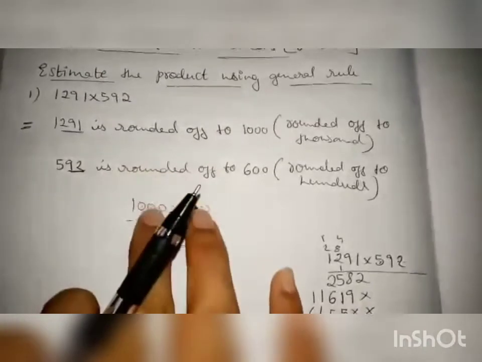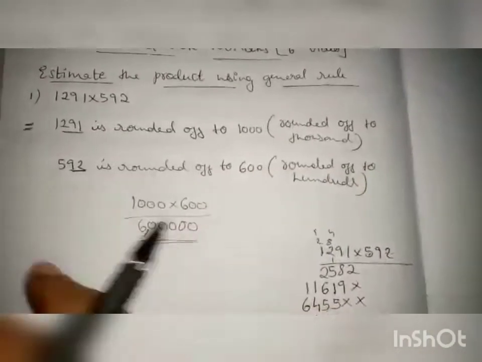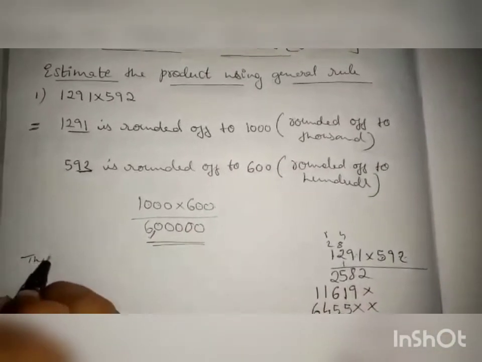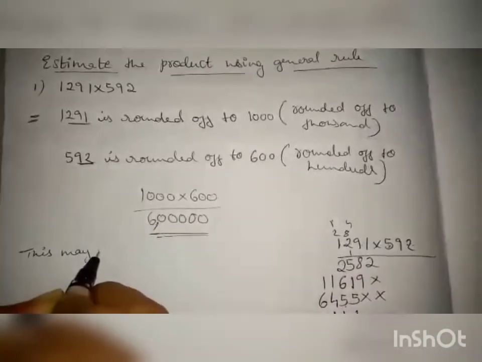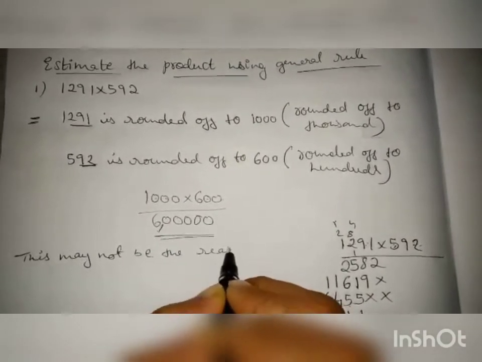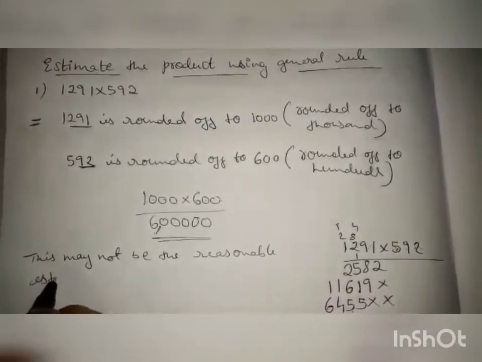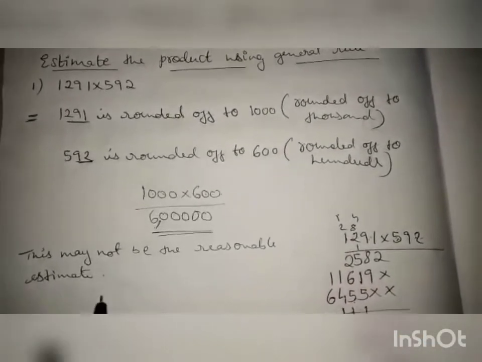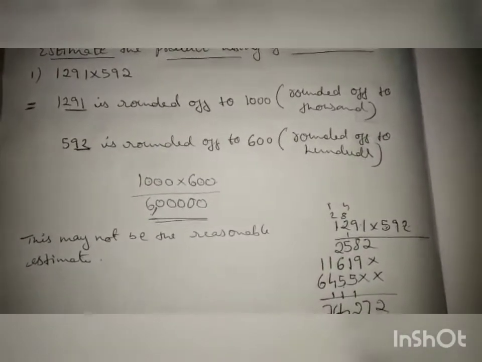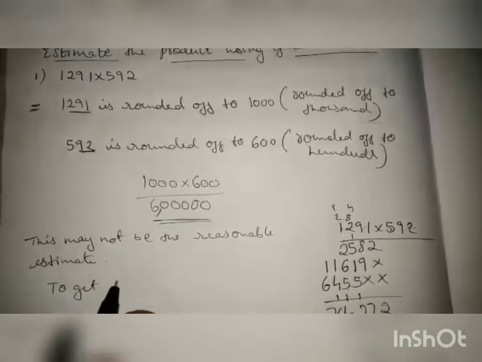What we have estimated is 6 lakh, but the actual you got is 7,64,000. So this cannot be the closer estimate. We'll write this may not be a reasonable estimate. So what will we do? You have to find the closer estimate.